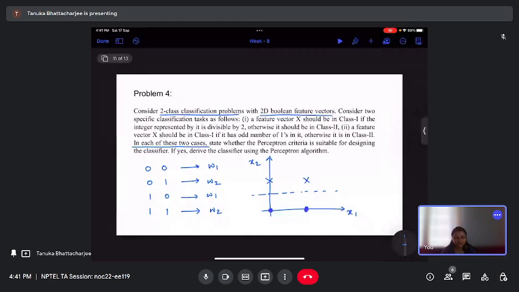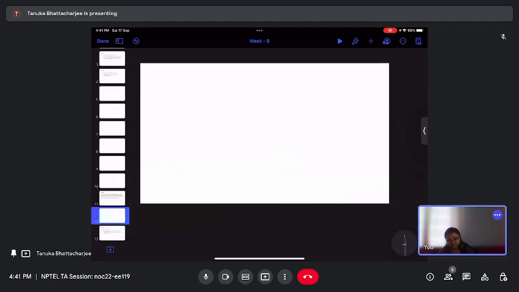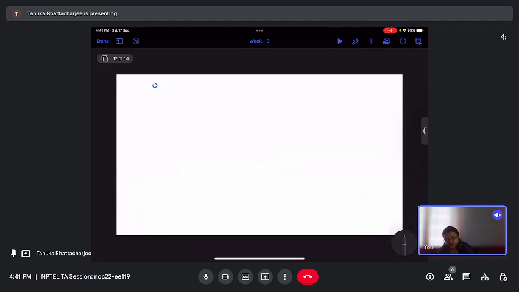Okay. Now, let us see the other situation. In the other situation, number 2, it is said that a feature vector x should be in class 1 if it has an odd number of 1s in it, otherwise it is in class 2. Again you have these 4 combinations only.